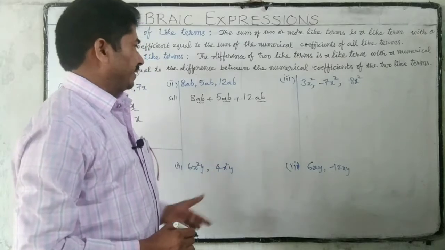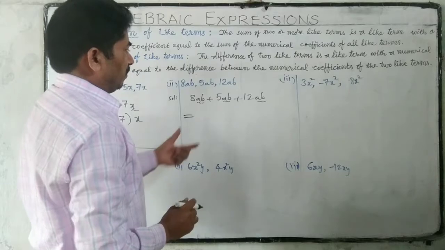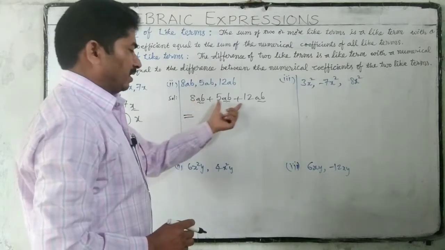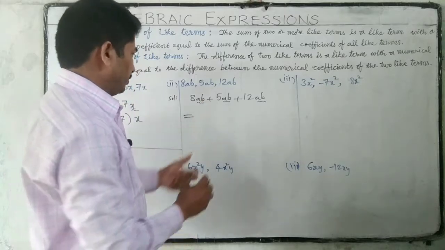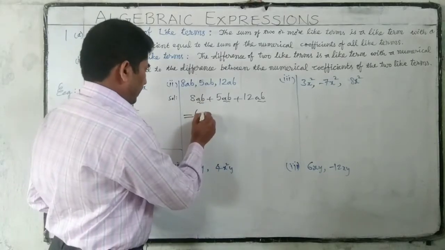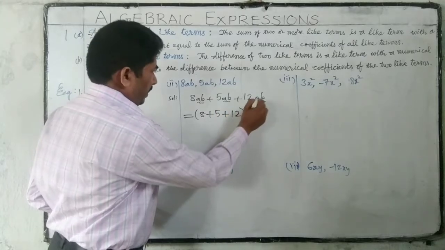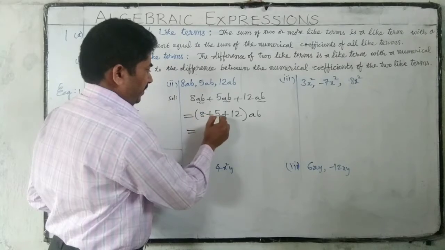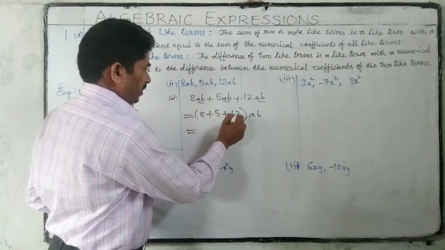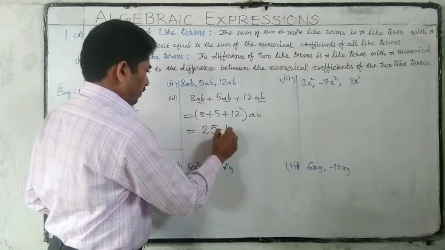To add these, we have to add the sum of all the coefficients. 8 plus 5 plus 12, ab is common. 8 plus 5 is 13, 13 plus 12 is 25, 25ab.